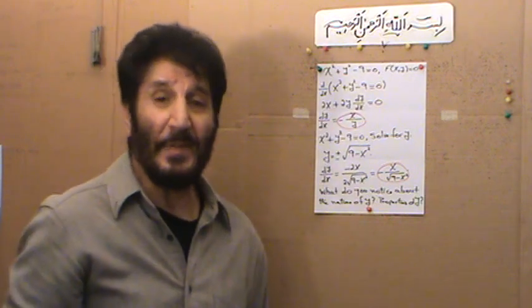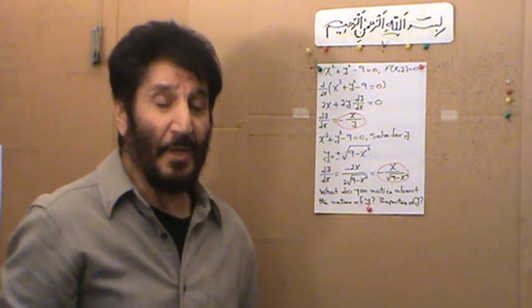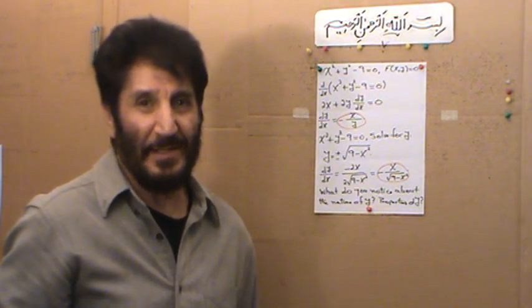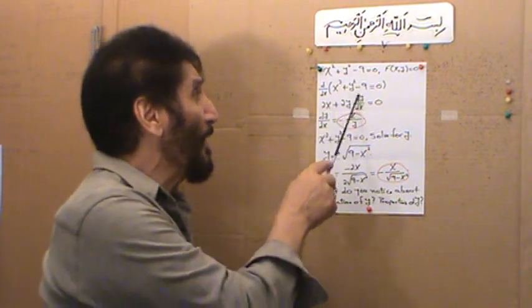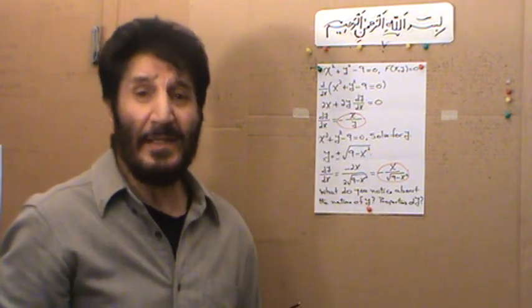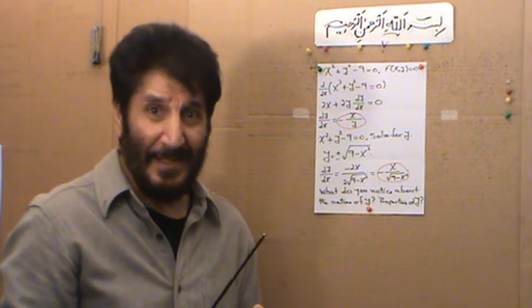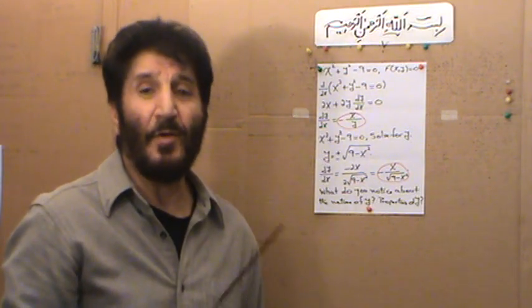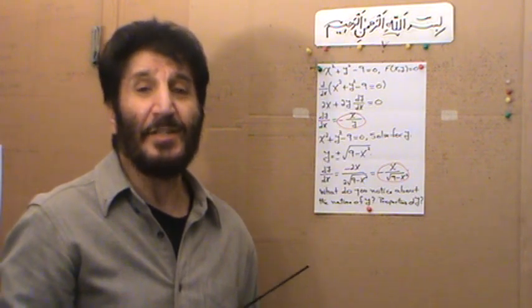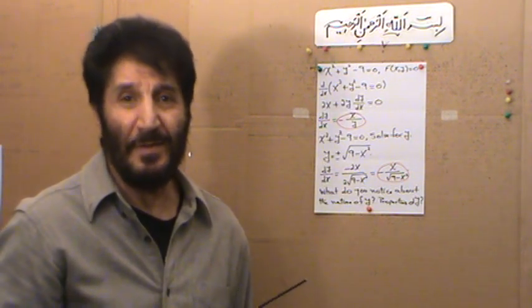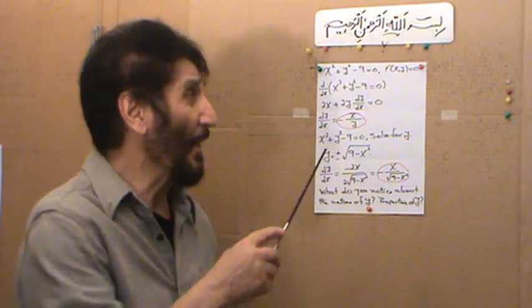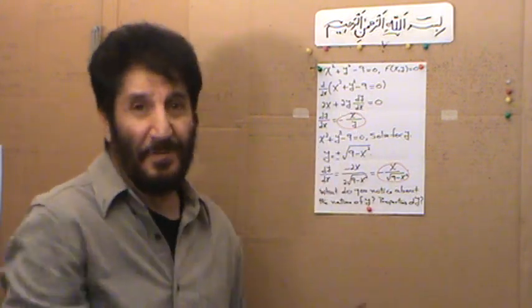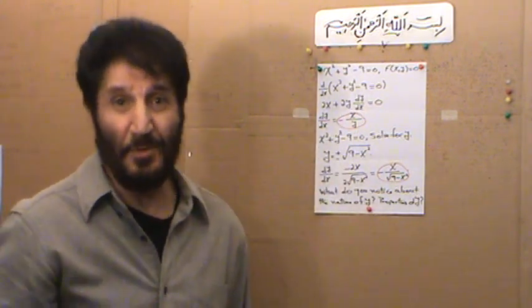I don't use the word implicitly because I haven't defined it yet. I haven't talked about it yet. So I'm going to differentiate both sides, assuming that y is substituting some kind of relation that is a function. Based on that assumption, I'm going to differentiate this using the chain rule.